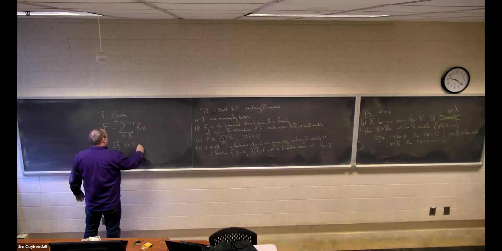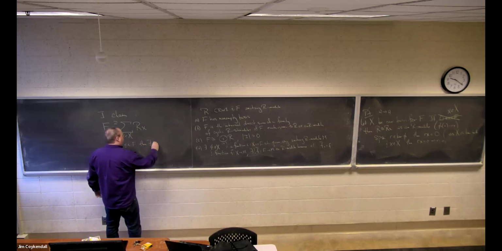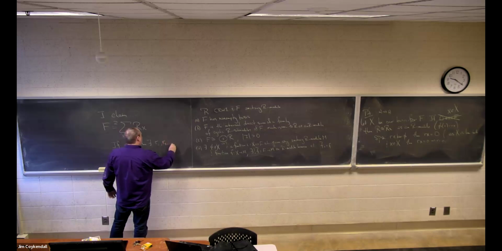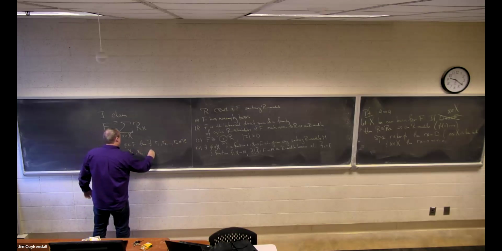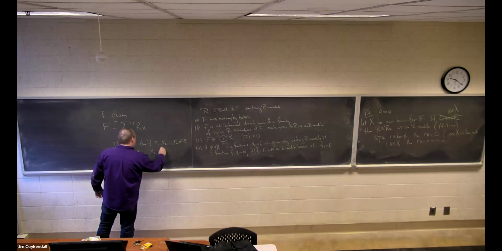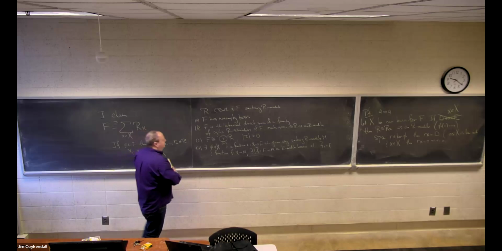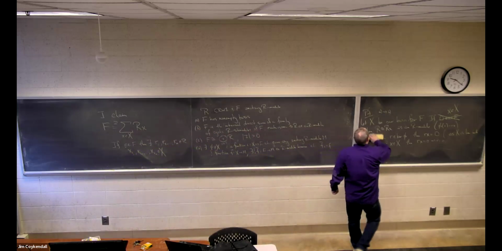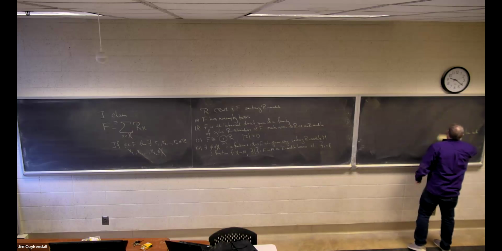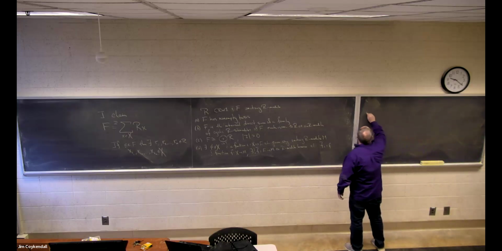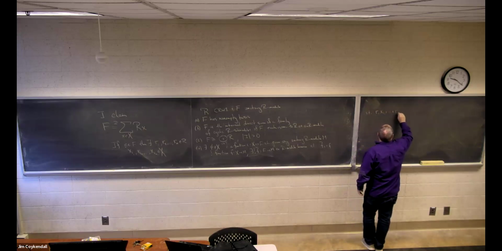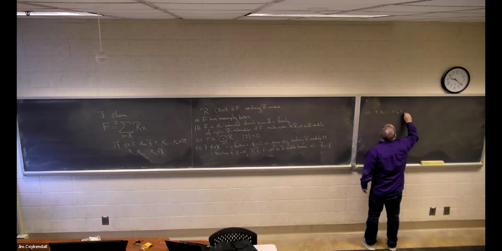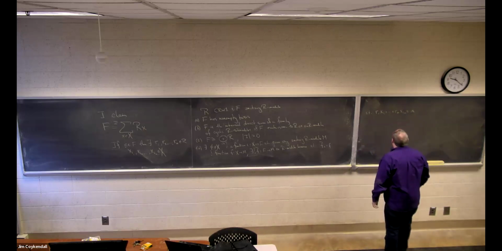then there exist r1, r2, ..., rn in R and xi1, xi2, ..., xin in the basis X, such that r1 xi1 plus ... plus rn xin is equal to alpha.